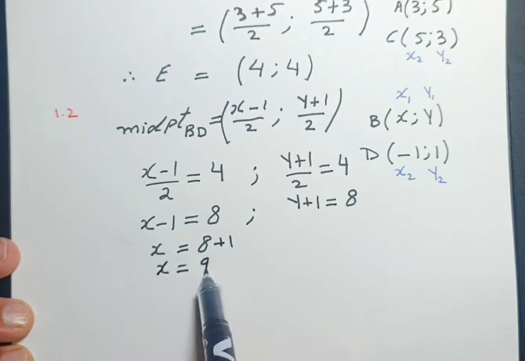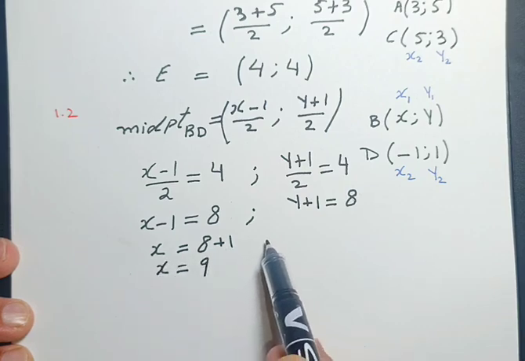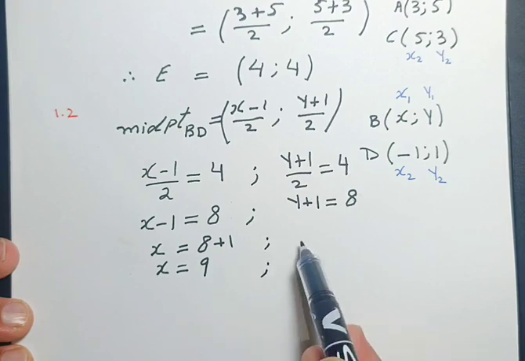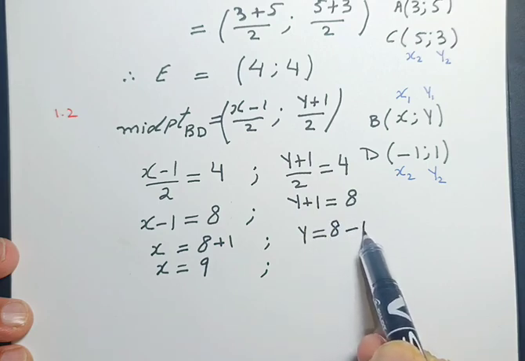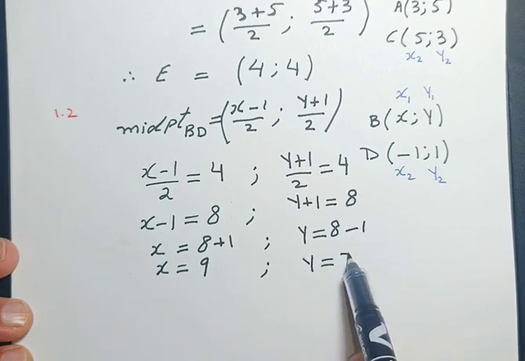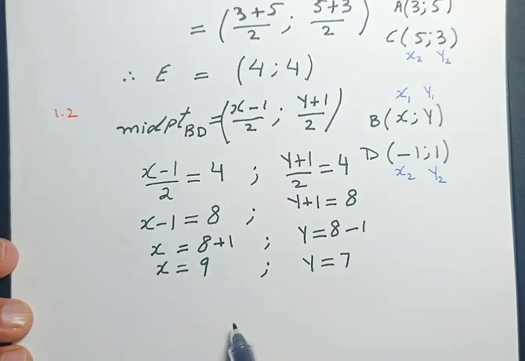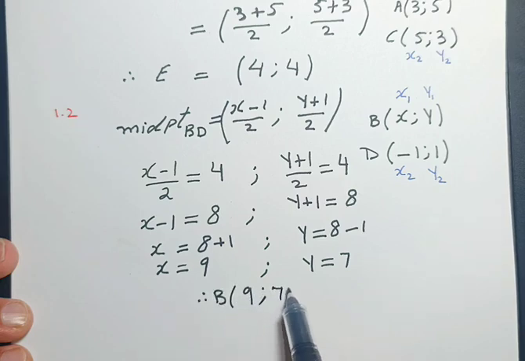Therefore x equals 8 plus 1, which is 9, and y equals 8 minus 1, which is 7. So we have the coordinates of B: x is 9 and y is 7.